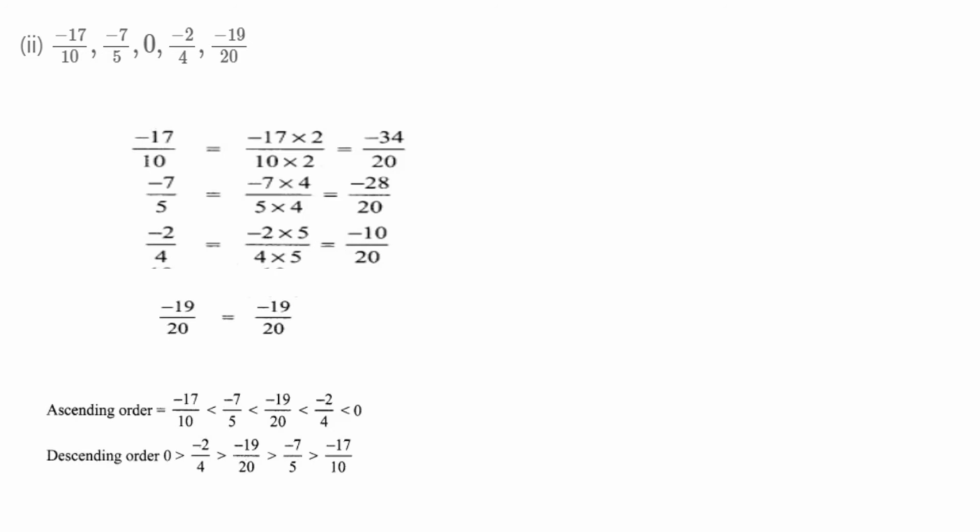Second sum: minus 17 by 10, comma, minus 7 by 5, comma, 0, comma, minus 2 by 4, comma, minus 19 by 20. So different denominators, we can find the LCM.